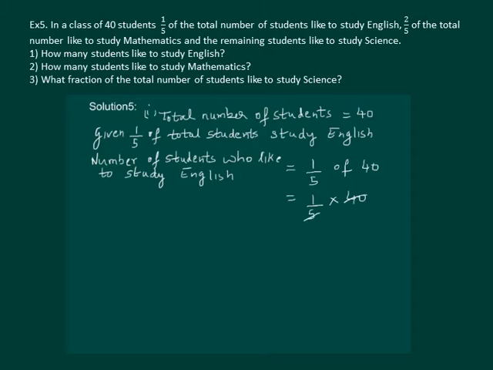Let us solve this. We get 8. This means 8 students out of 40 students like to study English.